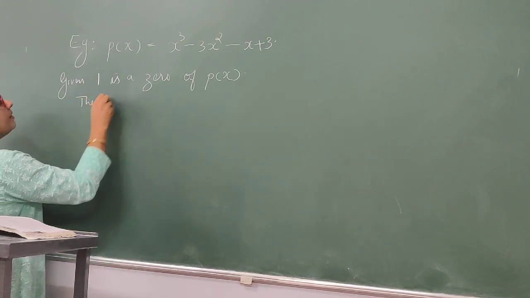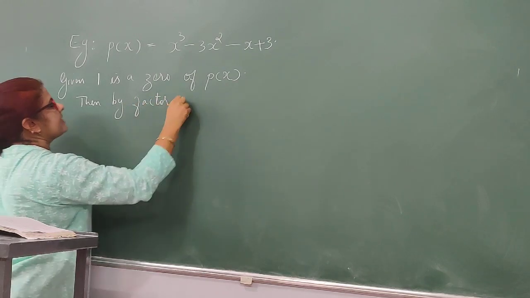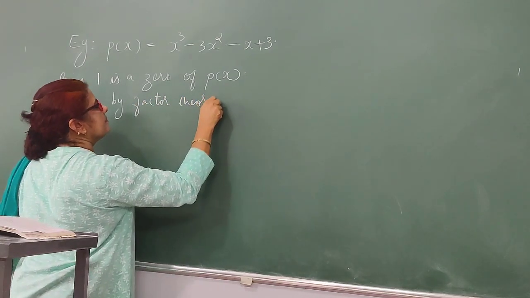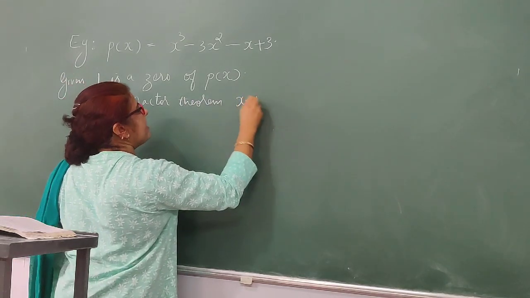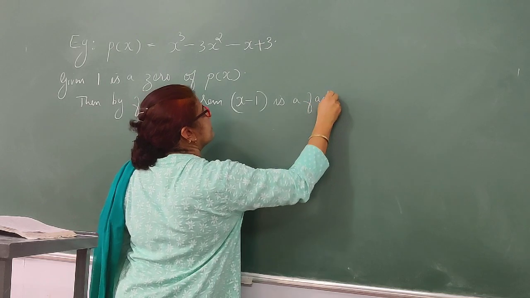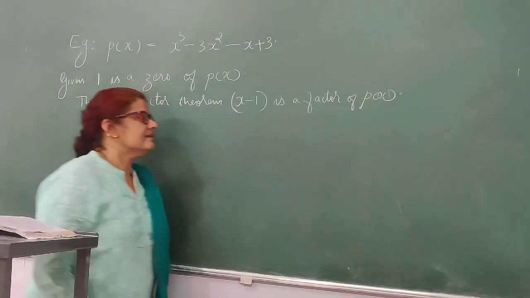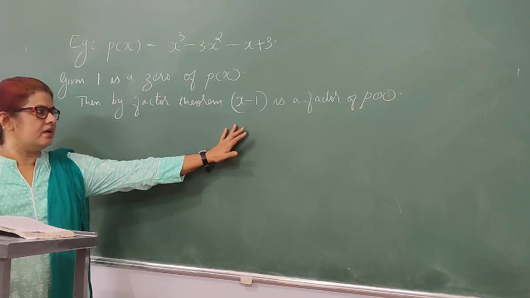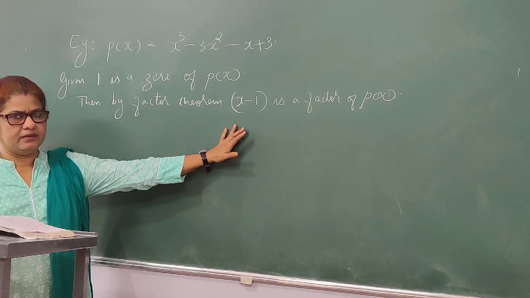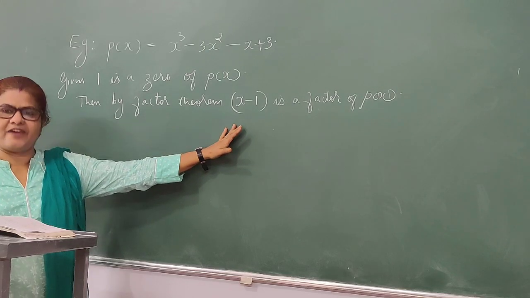Then by factor theorem, x minus 1 is a factor of p(x). This we know. If a is a real number and a is a zero of p(x), we know that x minus a is a factor.